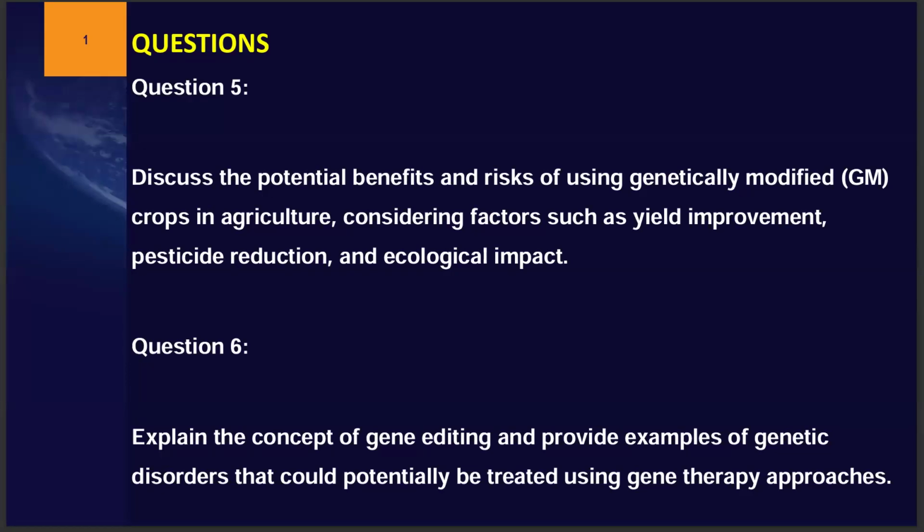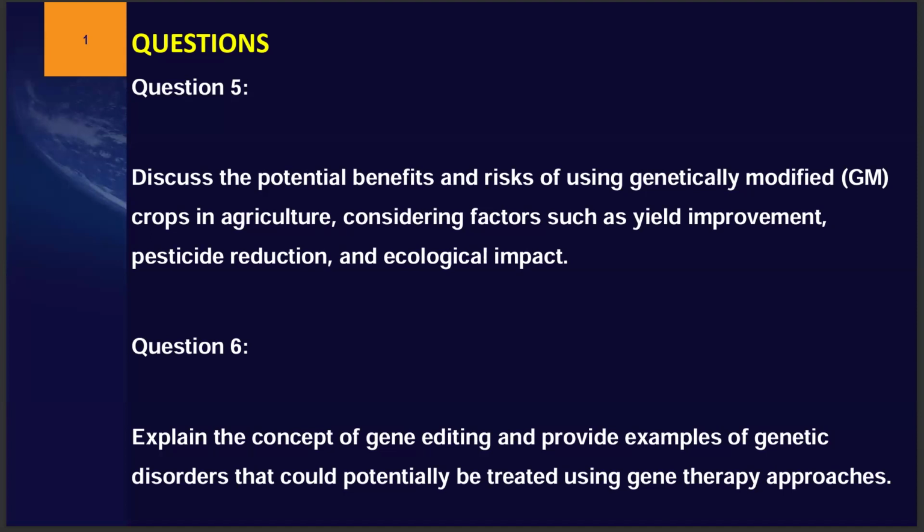Now here, when you look at it in terms of agriculture, let's look at the reduced use of chemicals, because they're basically telling you to discuss the potential benefits and risks of using genetically modified crops in agriculture.